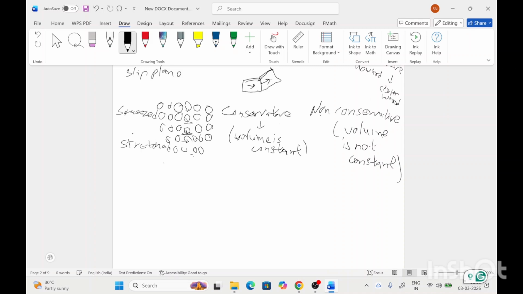Because of the squeezing and stretching of these atoms, some stress is generated around the dislocation's extra half plane, at this core also. This extra half plane is known as the core. And this stress value also changes from the dislocation core to a certain distance from this dislocation core.